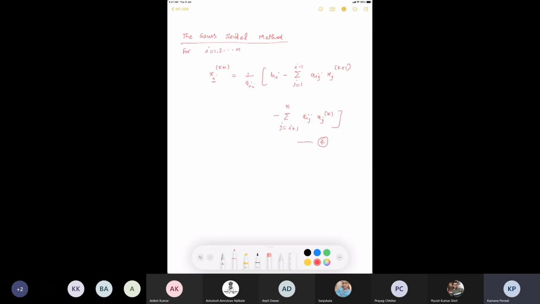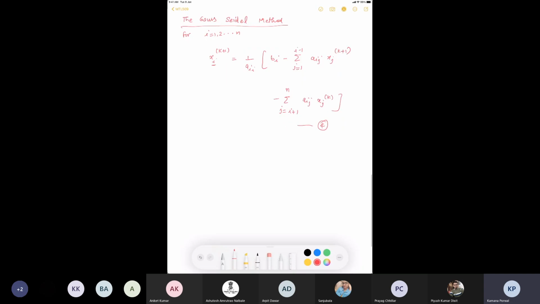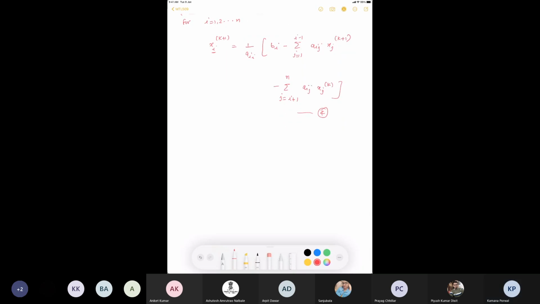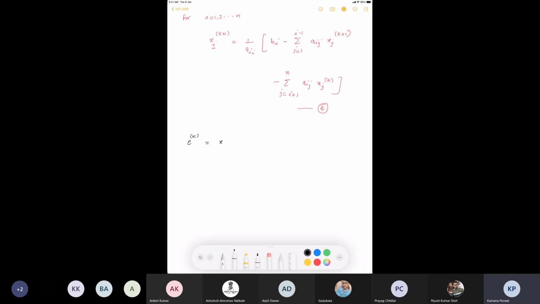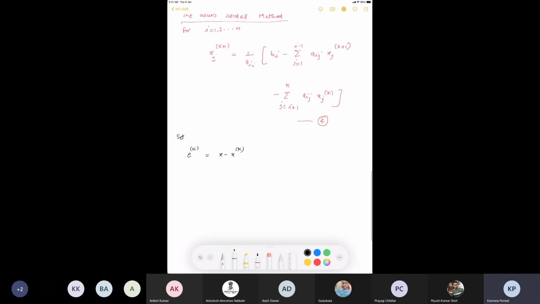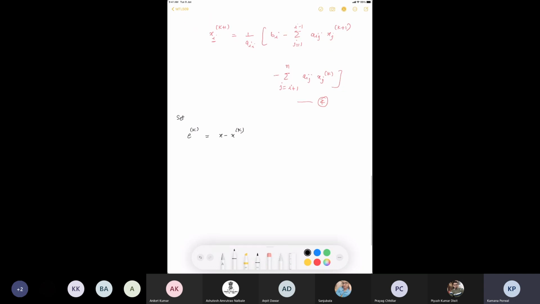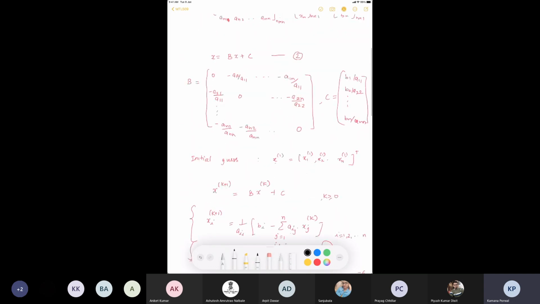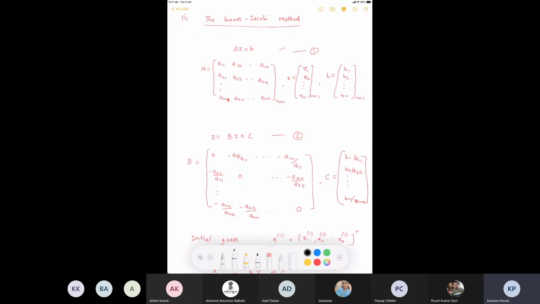Now we want to understand how the error behaves for the Gauss-Seidel method. Let's denote the error by ek again, so ek is x minus xk. My k plus 1th iterate is given by equation 4 for the Gauss-Seidel method. Note that my solution still satisfies the same system, which I can write in the form given by 2, x equals bx plus c.